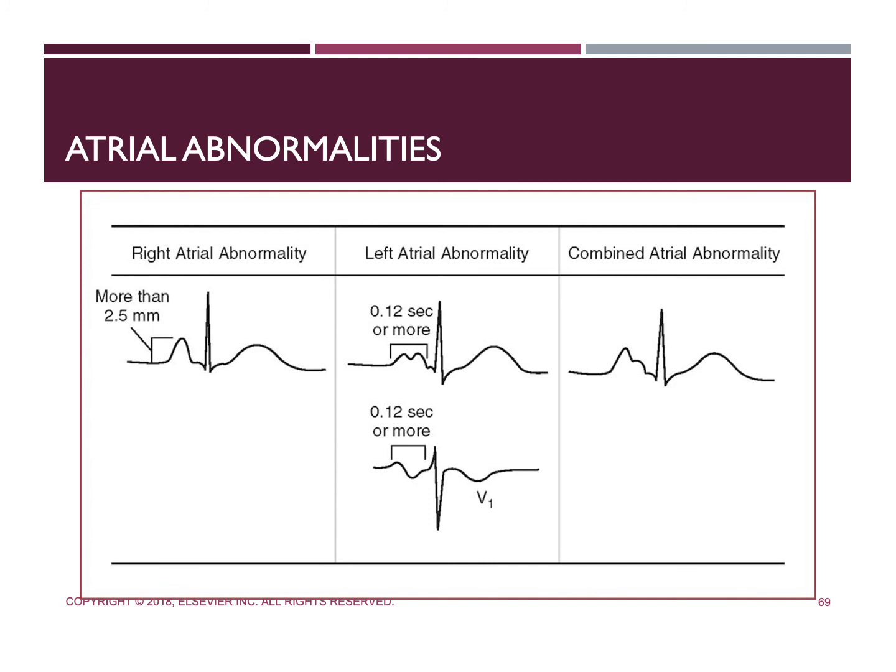Notched P waves are usually going to be visible, and they're generally most easily seen in the limb leads as well. Now, when the ECG reflects features of both right atrial and left atrial abnormality, the term combined atrial abnormality is used.